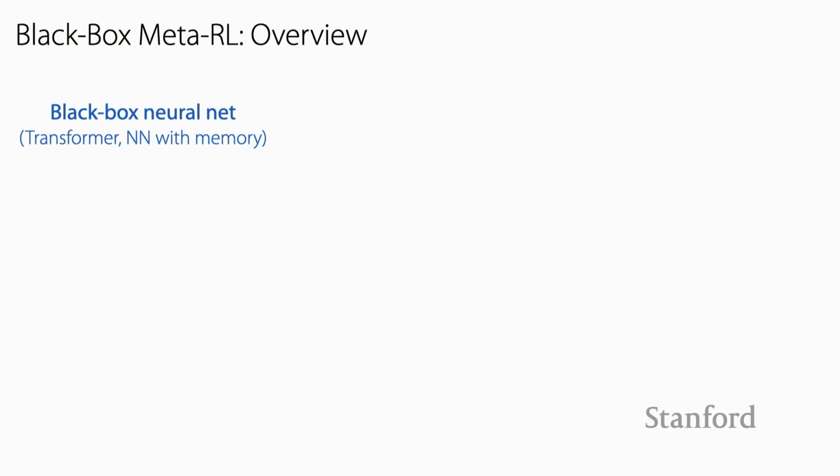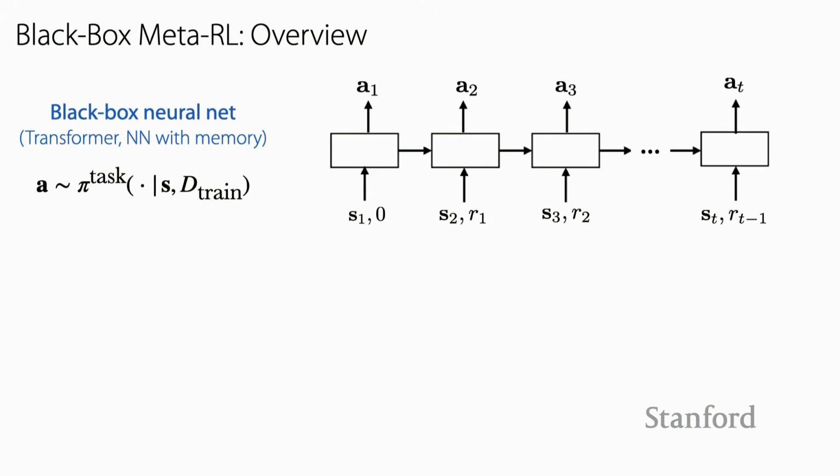So let's talk about how to address these problems. The good news is that there's a conceptually very simple way to address this general problem statement. The bad news is that it can be challenging to optimize in practice, and we'll talk about some of those challenges in a bit. But conceptually, we can essentially train a sequence model.